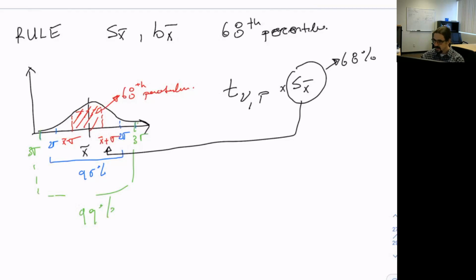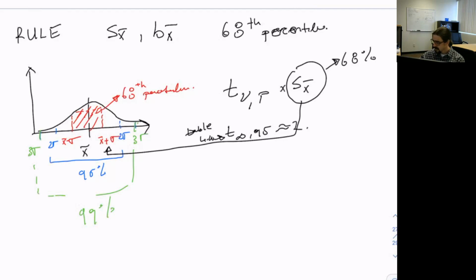If you look at the t-value of a large sample size, say infinite, at 95, this is your table 4.4, by the way. You should have access to it in your class notes. It is approximately 2.